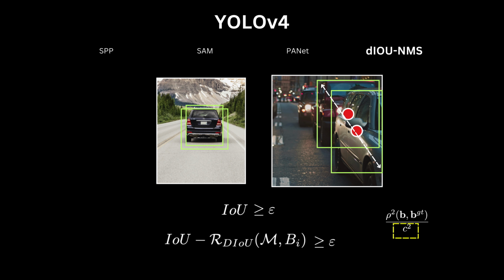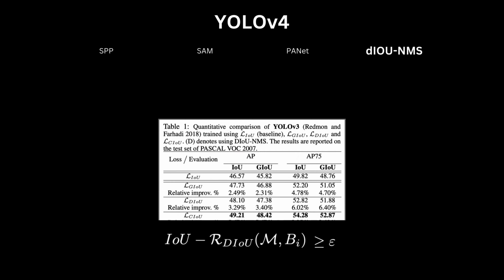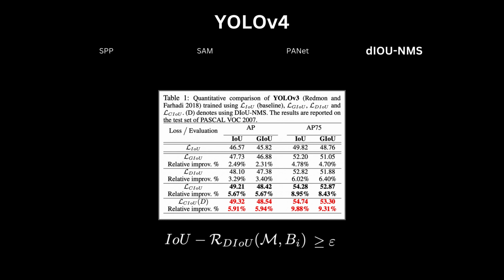This modification is with the assumption that boxes whose centers are far from each other most likely belong to distinct objects. So now even if two boxes have an overlap greater than the threshold, if their centers are far enough, we will not suppress the other box as a duplicate. This modified NMS was shown to give better performance than traditional NMS in the Complete IOU paper.